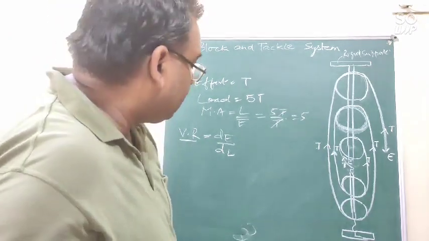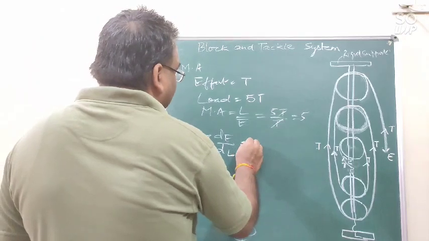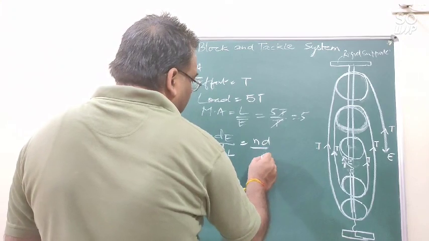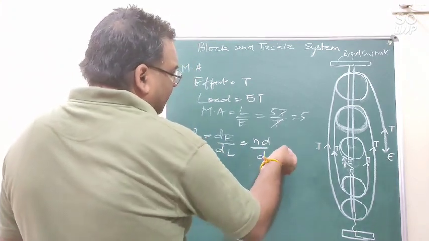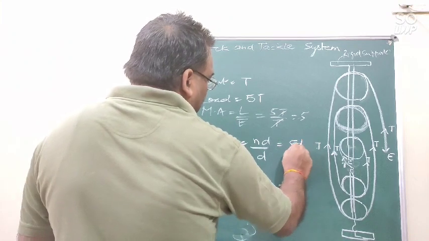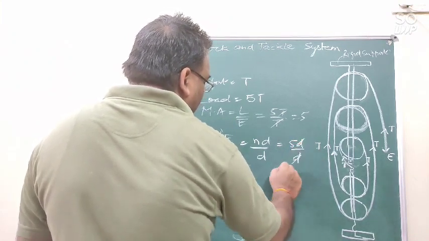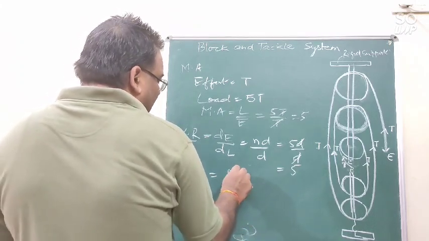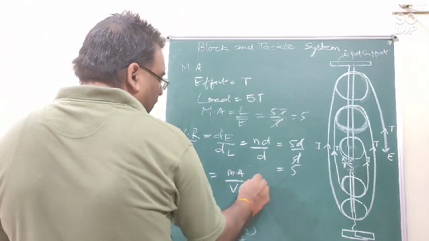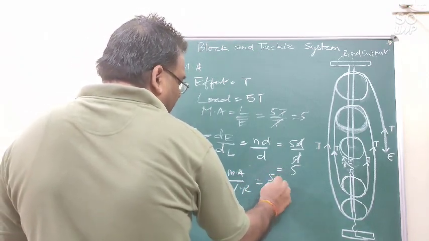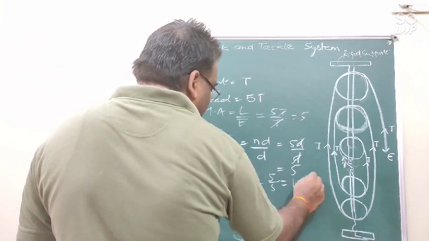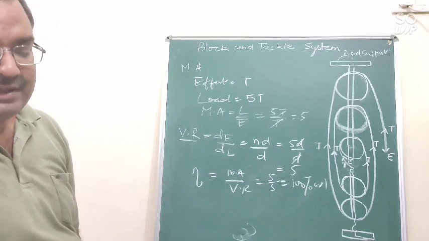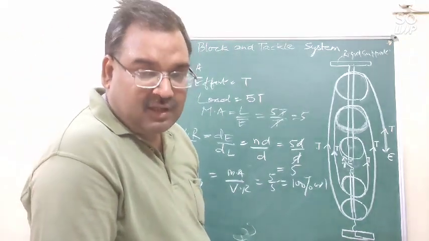Then the displacement of effort will be equal to nD and displacement of load will be equal to D. Here in this case there are 5, so 5D upon D is equal to 5. And efficiency is equal to mechanical advantage upon velocity ratio, equal to 5 upon 5, equal to 100% or equal to 1. That is the case for an ideal pulley.